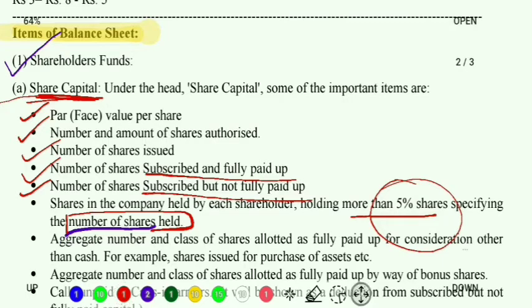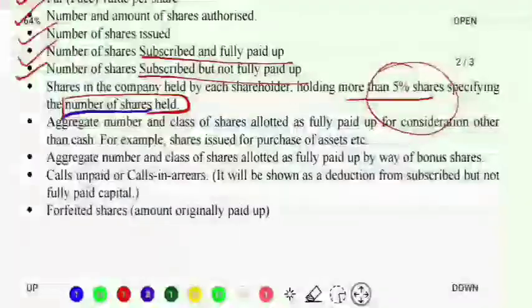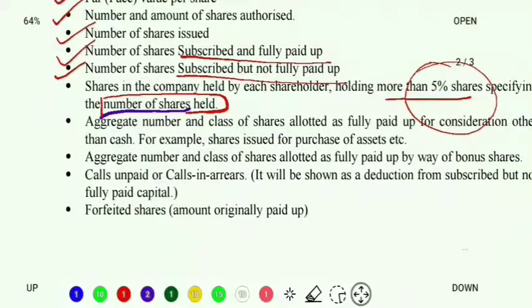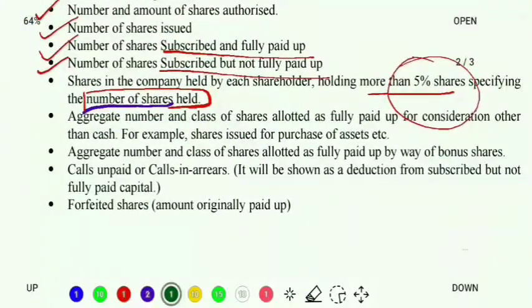Clear? Next, what we have is the aggregate number and class of shares. Class of shares means either it is preference share capital or equity share capital. So, what number and which class of shares is allotted as fully paid up for consideration other than cash.